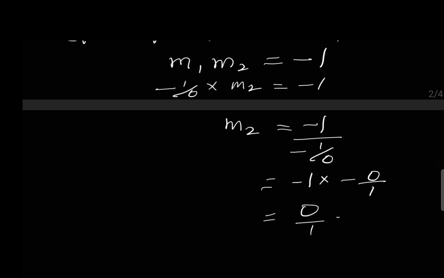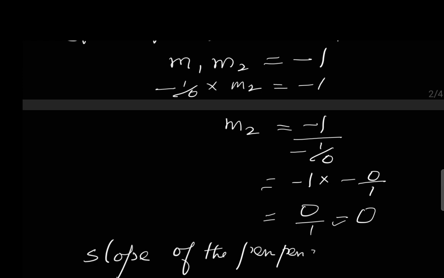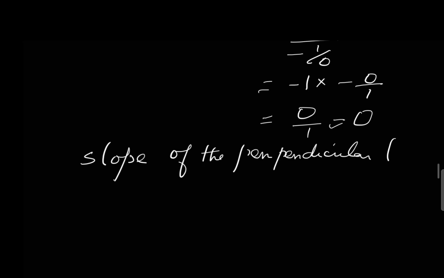Minus into minus is plus. 0 by 1 is 0. So the slope of the perpendicular line is equal to 0. That is m2 is equal to 0.